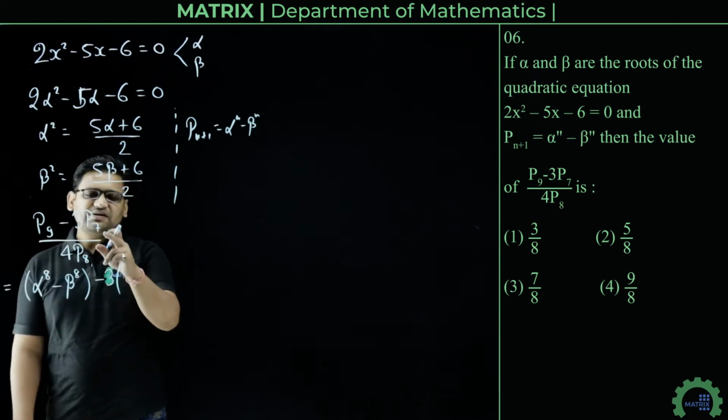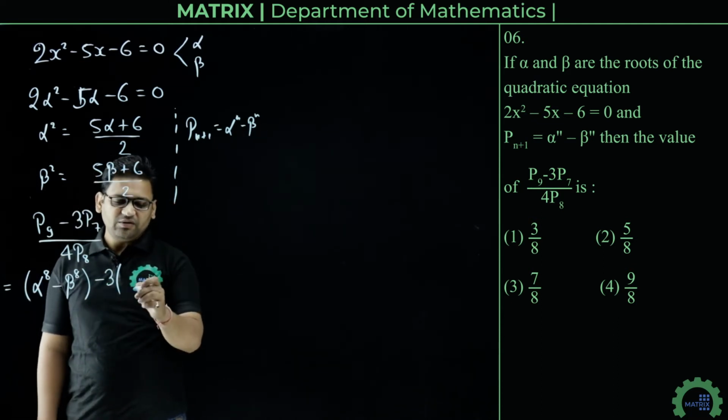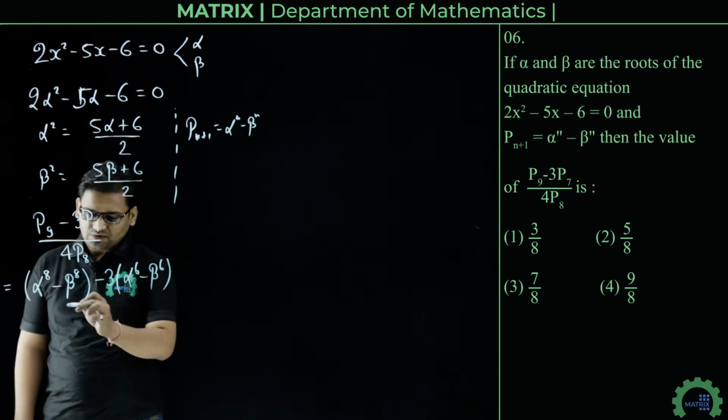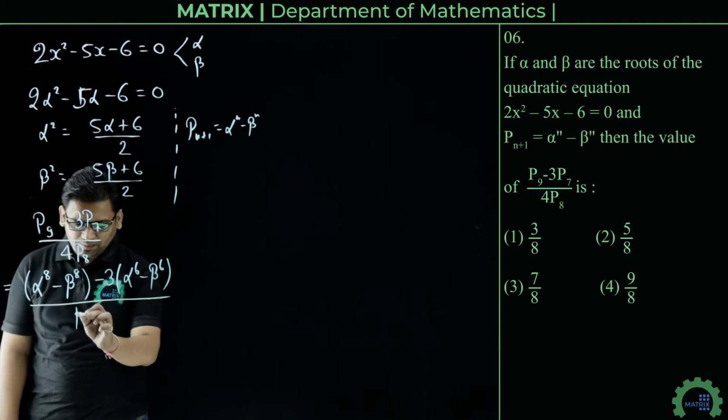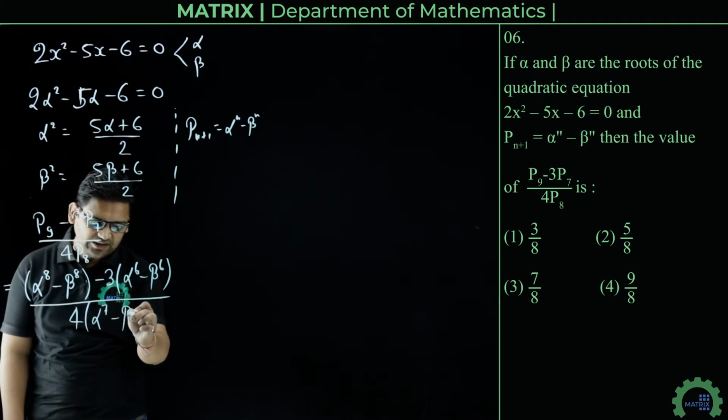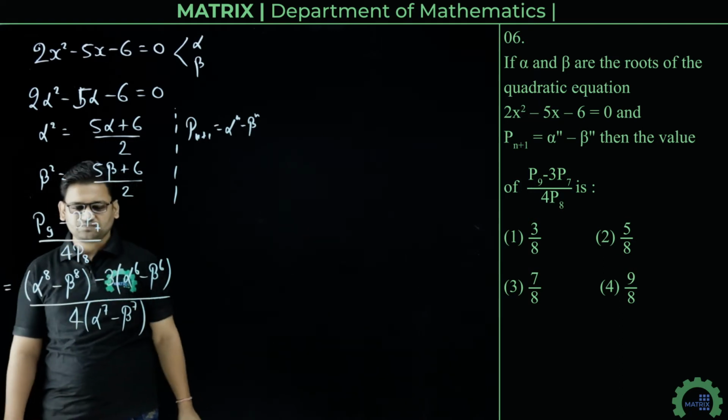So again P7 will be for n equals to 6, so it will be alpha raised to power 6 minus beta raised to power 6, whole divided by 4P8, that is 4 into (alpha raised to power 7 minus beta raised to power 7).